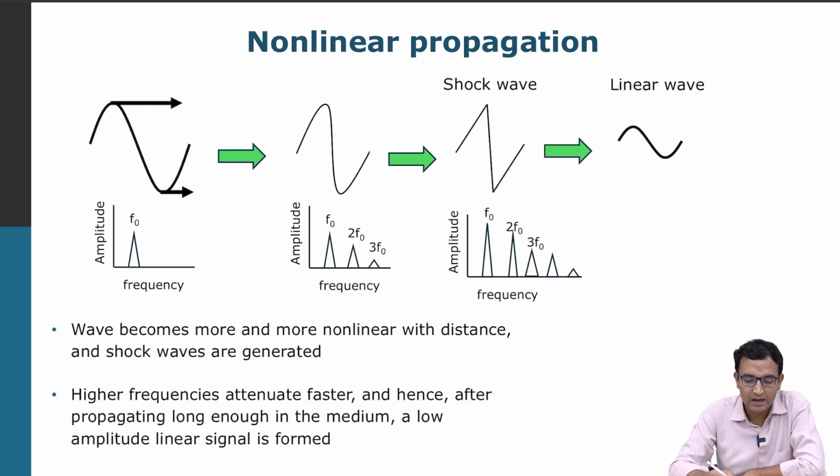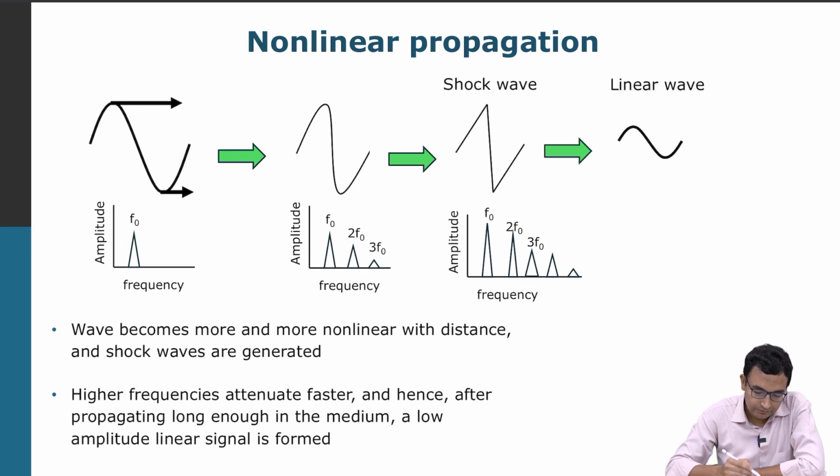Now what happens after this wave propagates a very long distance, right? So these higher harmonics will start getting attenuated, because we know that attenuation is proportional to frequency, right? So like I said, the shock wave will become more and more nonlinear with distance, because as we move further, the wave starts getting more and more distorted, right?